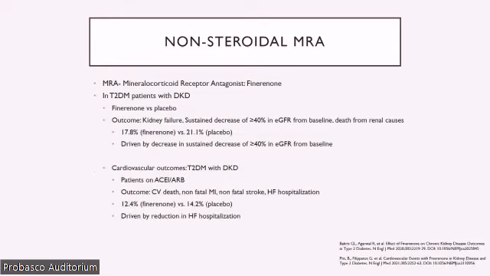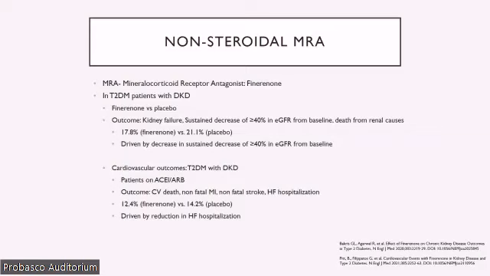So finerenone is our nonsteroidal mineralocorticoid receptor antagonist, and the ADA standards of care recommend that it is used to decrease chronic kidney disease progression and cardiovascular events in patients who are at an increased risk of CKD progression or cardiovascular events who are unable to take an SGLT2.